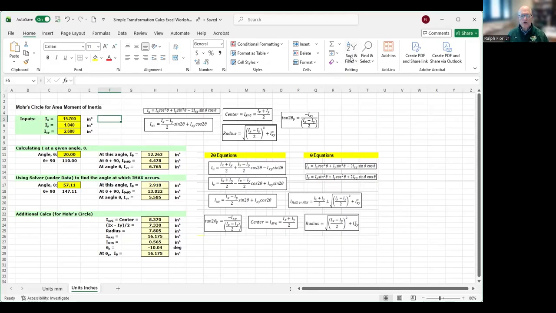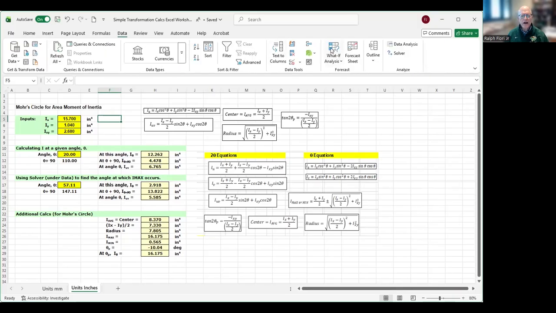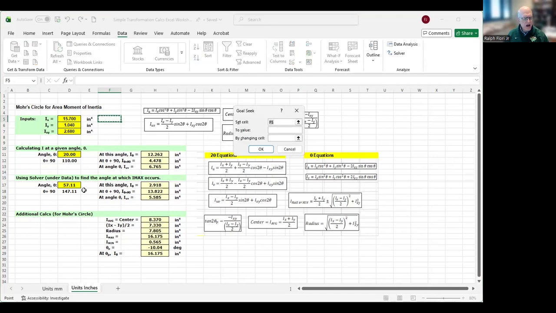If you go to Data, What-If Analysis, Goal Seek, you can use Goal Seek, or Solver, to find the angle at which I max occurs. We have a formula for I max, but we can use Solver or Goal Seek. At I max or I min, the product of inertia is 0.